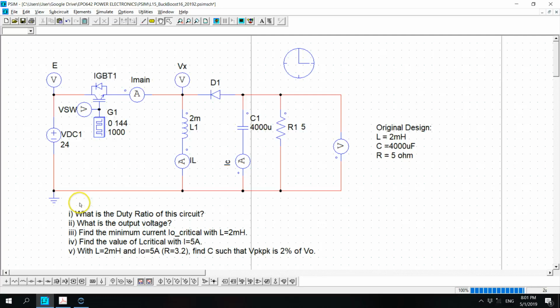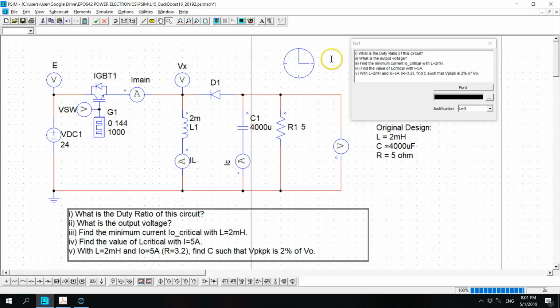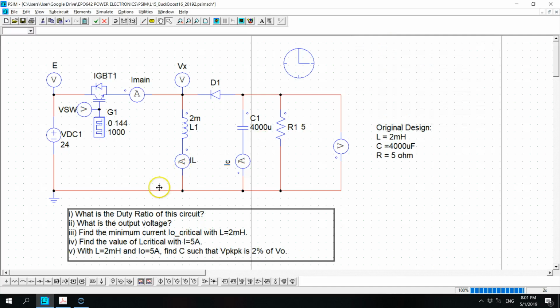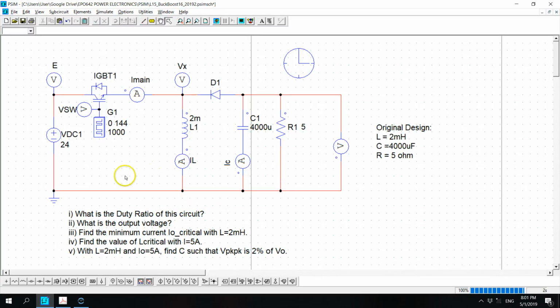And finally, with L equals to 2 millihenry and I naught equals to 5 amp, find C such that V peak to peak is 2% of V out. So we need to determine the value of the output voltage, and then the peak to peak voltage, the delta V naught, will be 2% of that V out. Okay, can you quickly do that?